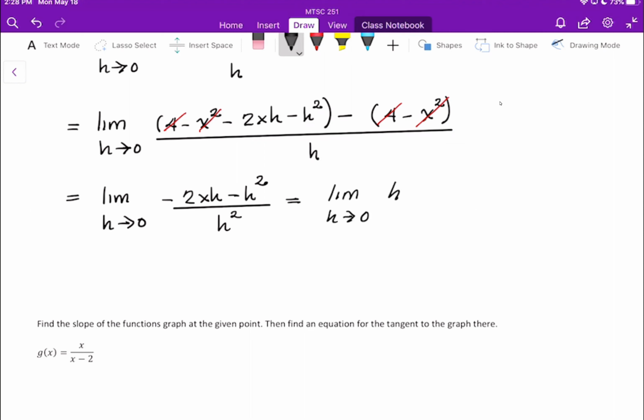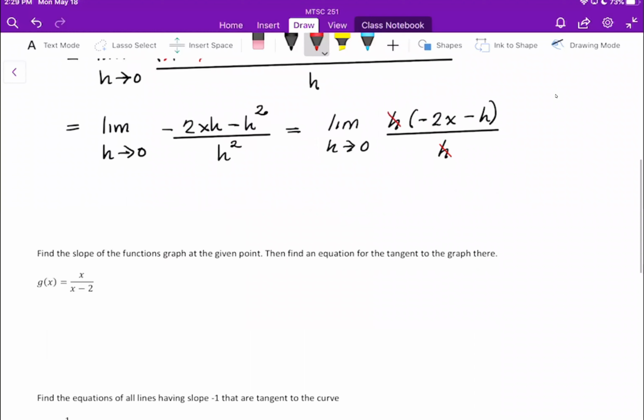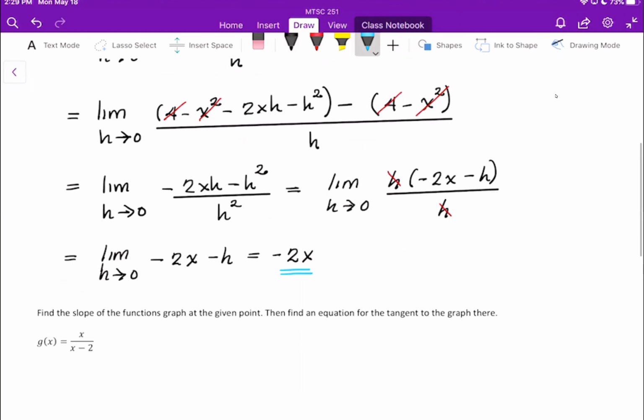Let's factor out the h, and we get minus 2x minus h divided by h. And these two h's divide out. So we get the limit as h approaches 0 of minus 2x minus h, and this is negative 2x.